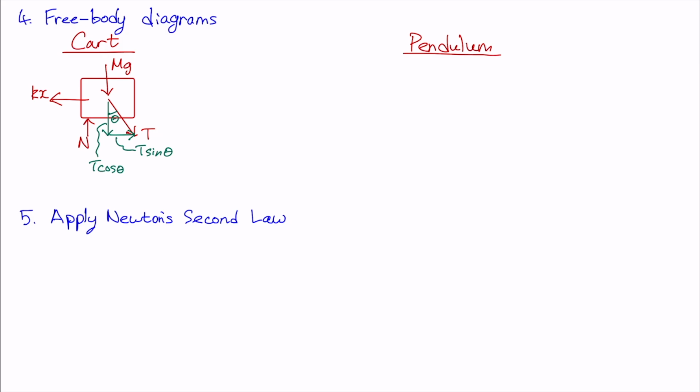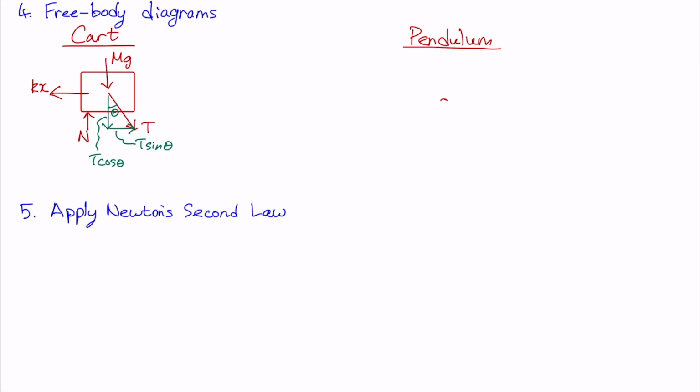Let's now go and look at our pendulum. Just go ahead and draw a circle here for the pendulum. I'm going to actually move that down a little bit. And for the pendulum, we have our gravitational force, mg, pulling down.